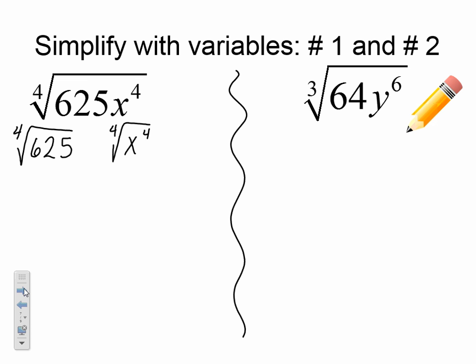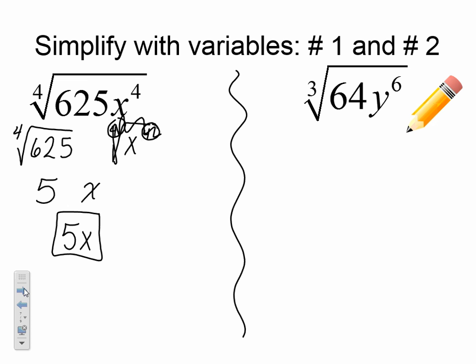The fourth root of 625 is 5. The fourth root of x to the fourth: if you remember this idea about roots and powers canceling, the fourth root will cancel out a fourth power just like a square root will cancel out a squared. So that's kind of nice because all of this gets canceled and you're just left with an x. So my final answer is 5x.